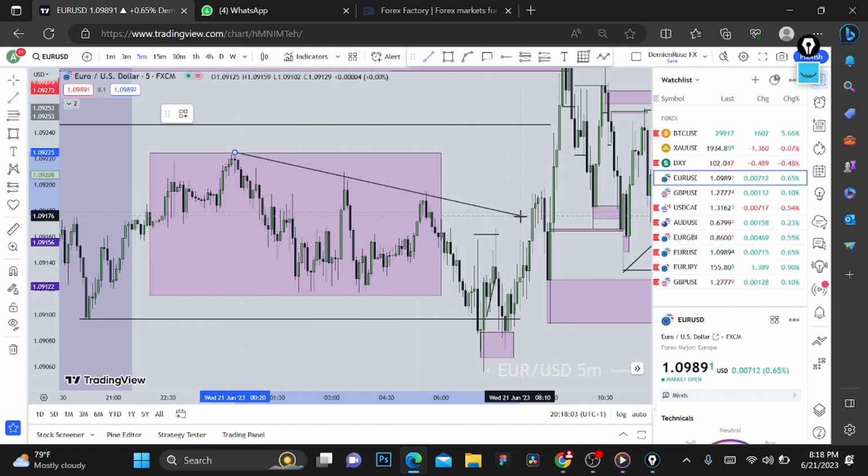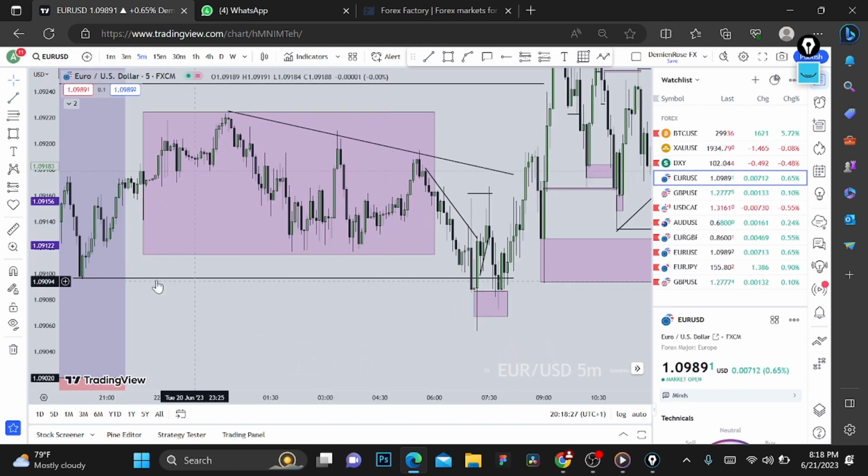One touch, two touch, three touch. I know they are building sell side liquidity, buy side liquidity, or trend line liquidity rather. You call it trend line liquidity. This liquidity is a build-up for those people selling this. We also have this build-up of traders here.